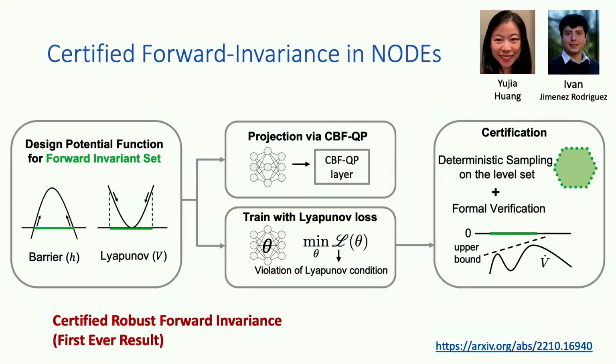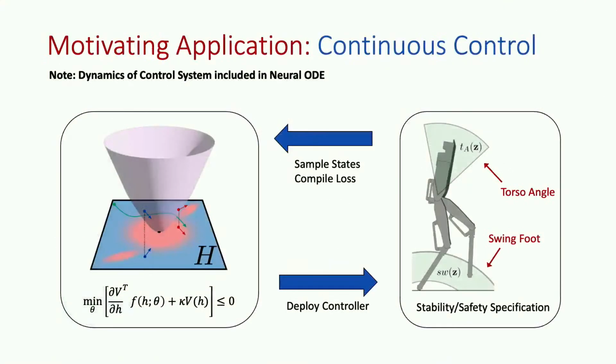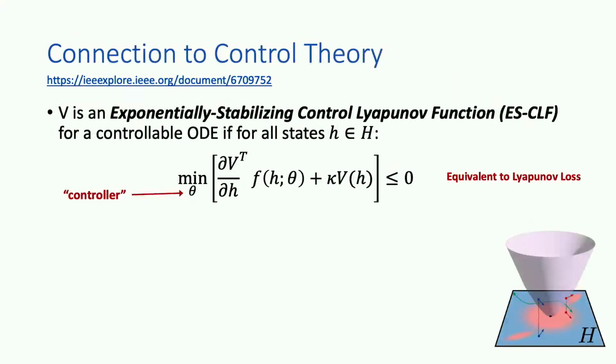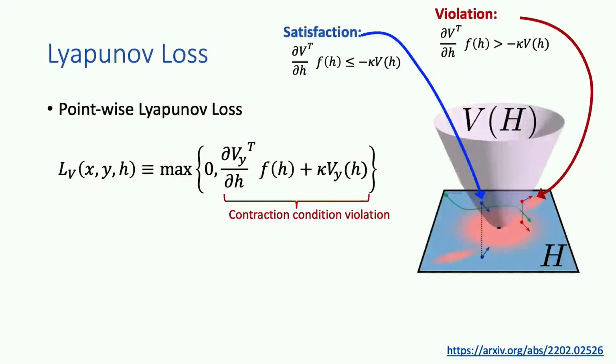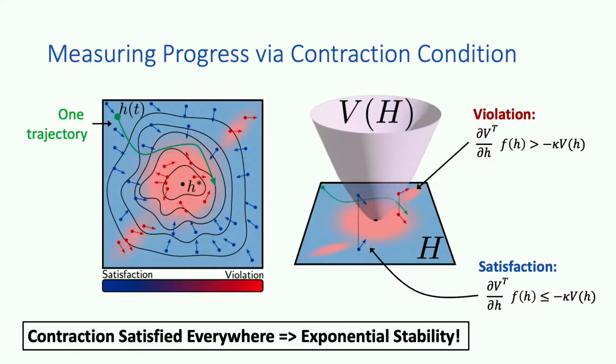Yes, question? So going back to, I think, the first figure you showed across the top, I'm wondering, with this design, can you control where the equilibrium lies? So can I synthesize an arbitrary potential function? Yes. So I should have spent a little bit more time talking about related work.